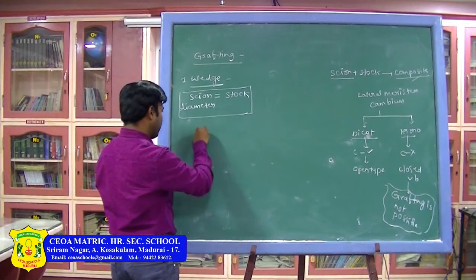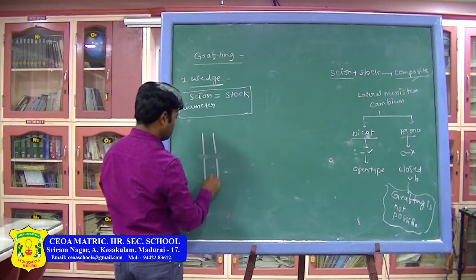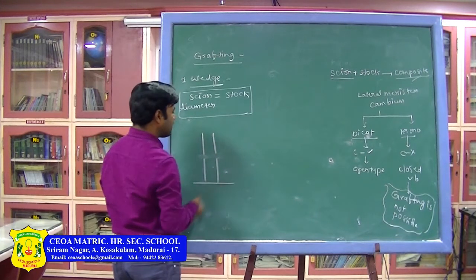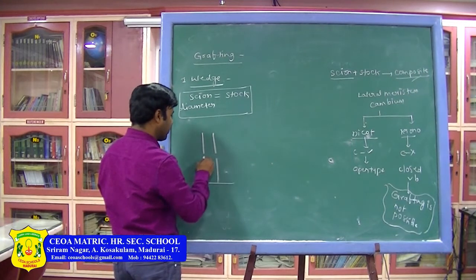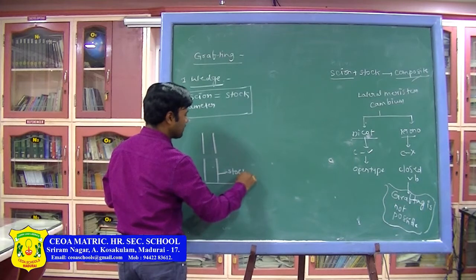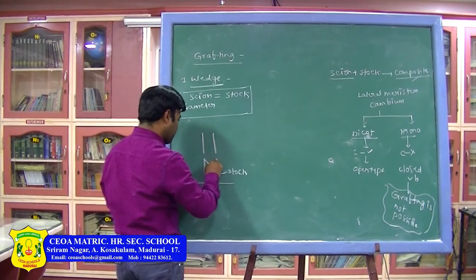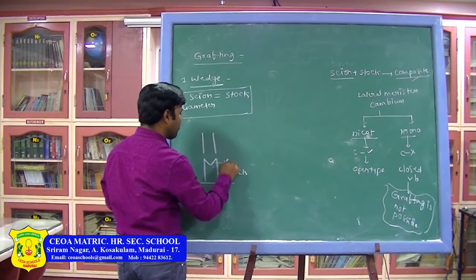Okay, so now this is a plant, for example. Now what we are doing here, this part is a stalk. Which shape is this?